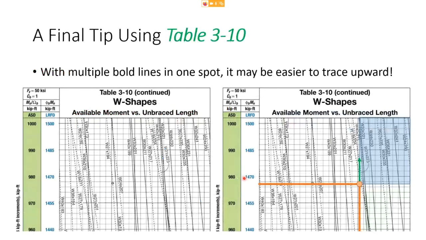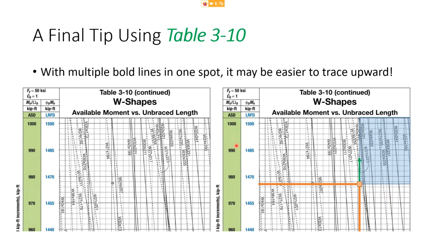With that, I'm just going to get right into an example. Before I do, though, one quick point. Sometimes if you're picking your section in table 3.1 or 3.10, this probably isn't the best slide, but if you look, there are a lot of lines overlapping, even some of the solid lines, because you're getting into a region where one economical section changes from region to region.